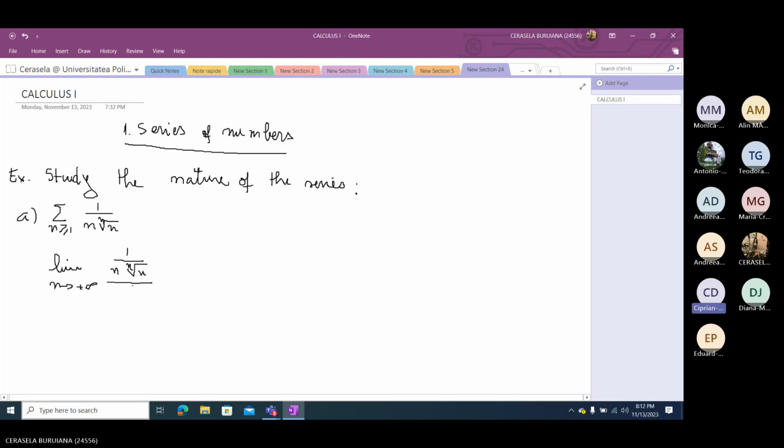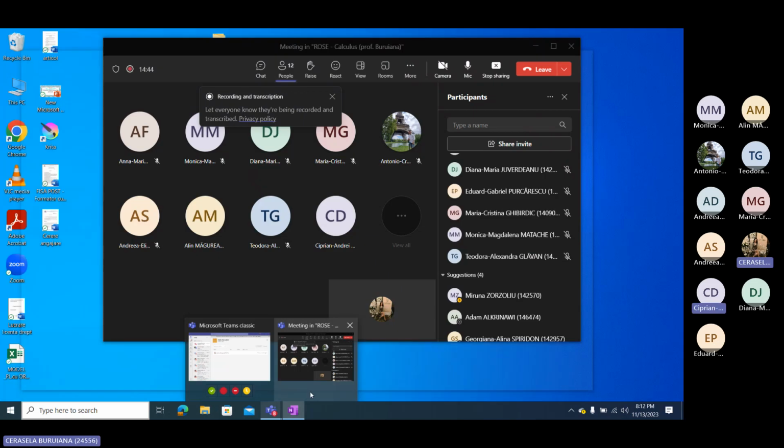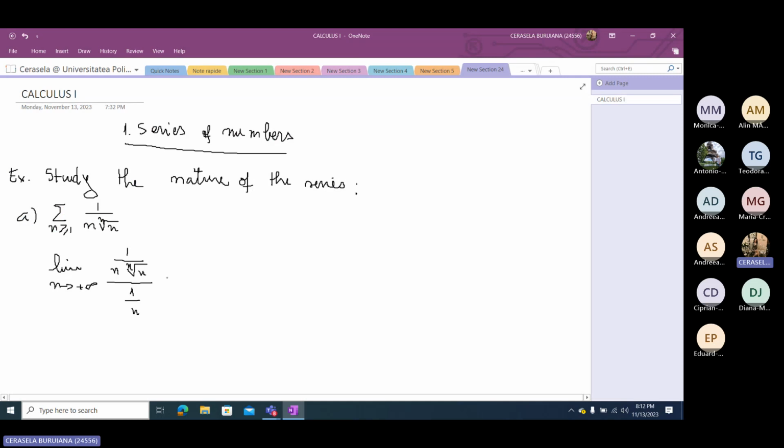What do you think? 1 over n. Exactly. Good. Who gave me the answer? Oh, okay. Good. Yes, you're right. Indeed, 1 over n, I can reduce it. I remain with the limit when n goes to infinity of 1 over root of order n from n. How much is this limit? 1, right?